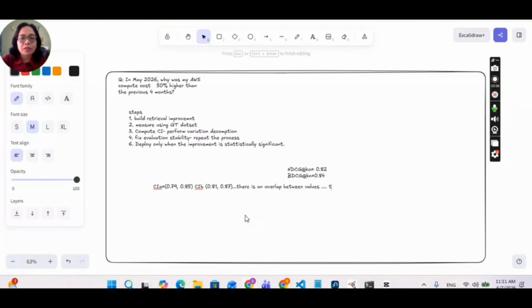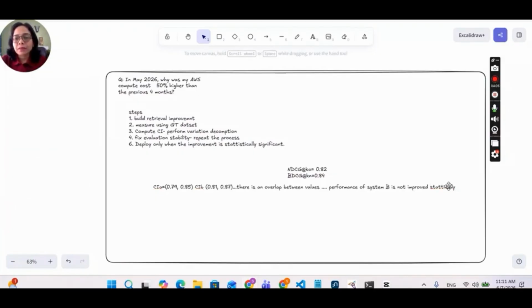So in this case, this implies that the performance of system B is not improved statistically significantly.